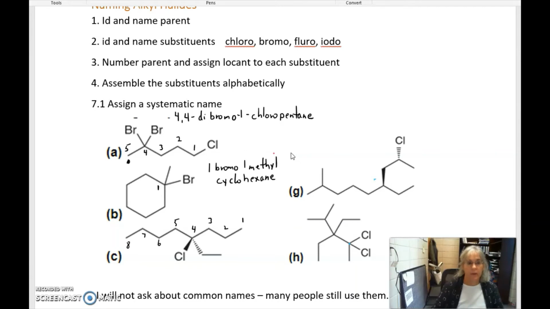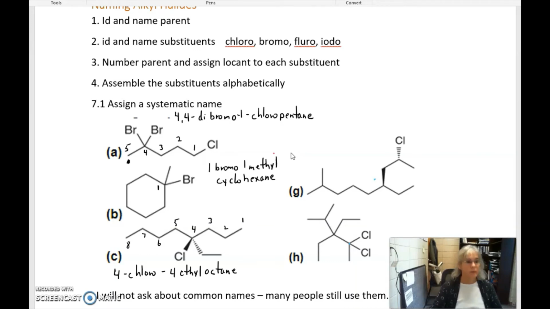Then this would be 5. So we want to start at this end. And so we'll have a 4-chloro, and it'll be a 4-ethyl, and this is an octane, because there are 8 of them.